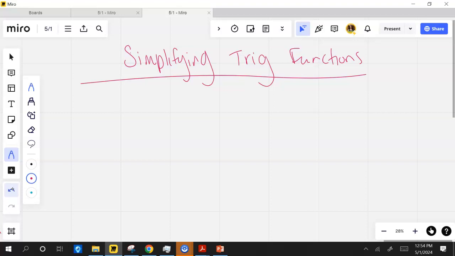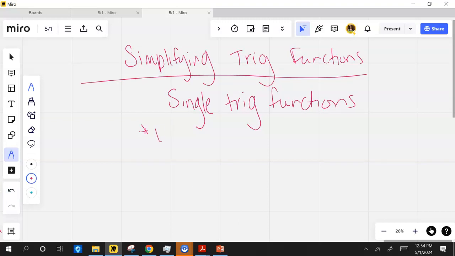For this, when we get down to just one trig function, sine, cosine, tangent, cosecant, secant, or cotangent, and whatever else follows it, then we're done. We're trying to simplify down to one and only one single trig function. We will use identities to help.